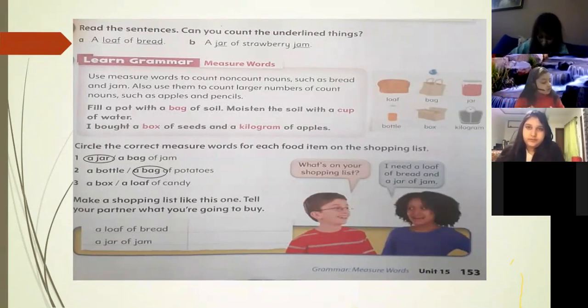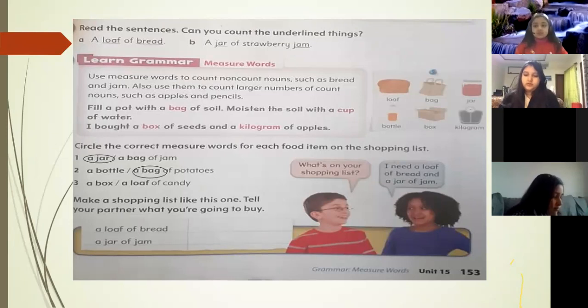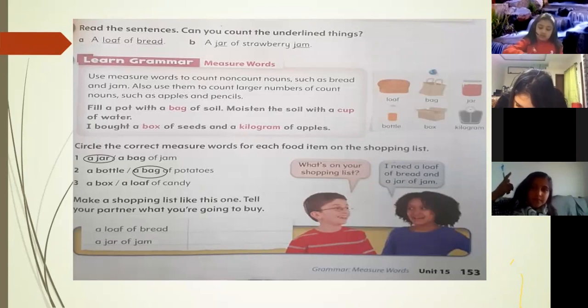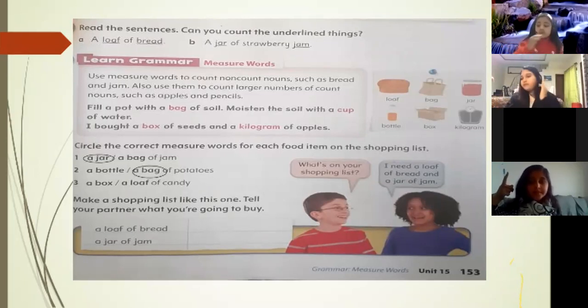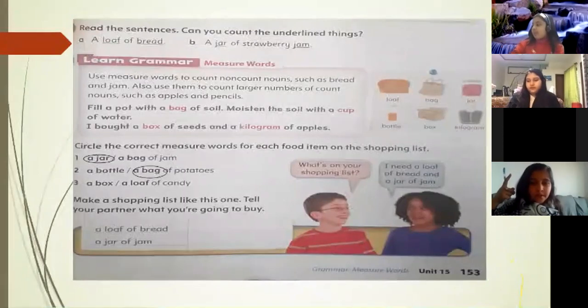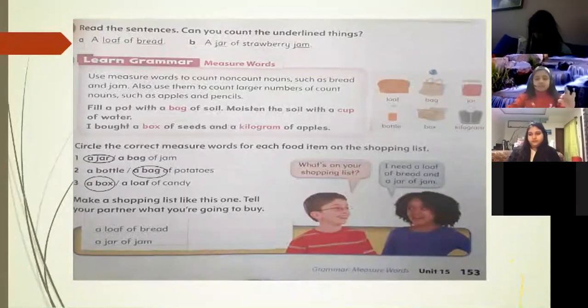Okay, number three is a box of candy or a loaf of candy. Loaf we usually use for the bread, which means a quantity of bread that is baked in the form of one whole piece and that is sliced before being eaten. So for the candy we will use a box of candy, okay? So circle a box of candy, all of you.